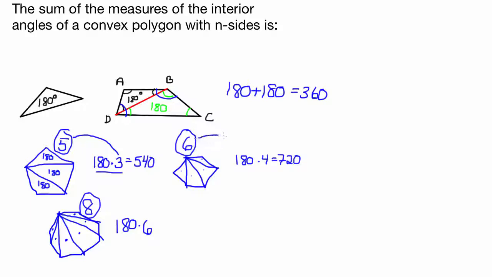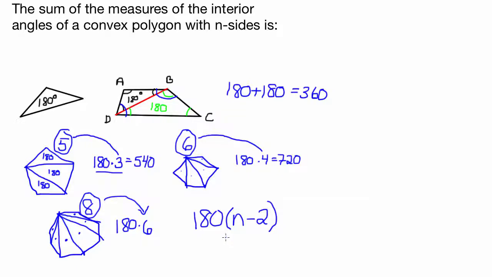When we had a 6-sided polygon, we multiplied it by 4. When we had an 8-sided polygon, we multiplied it by 6. So it appears as though we are taking 180 and multiplying it by n minus 2, where n is the number of sides of the polygon.